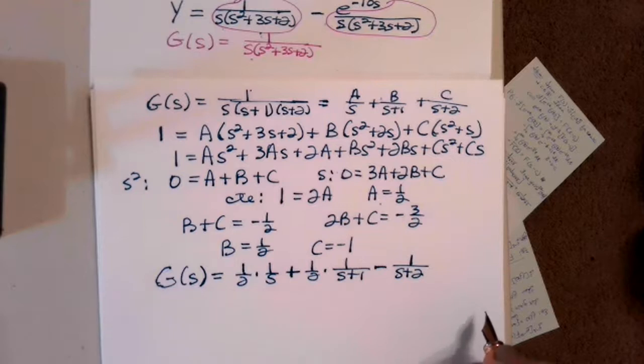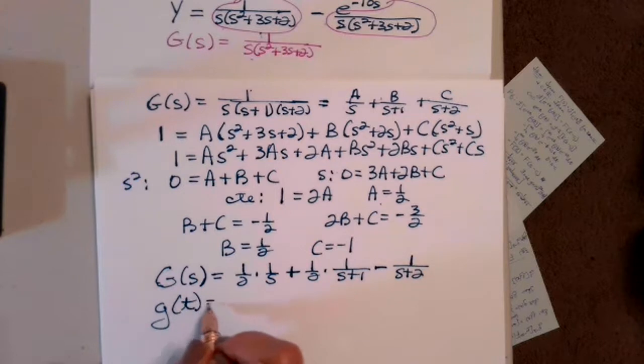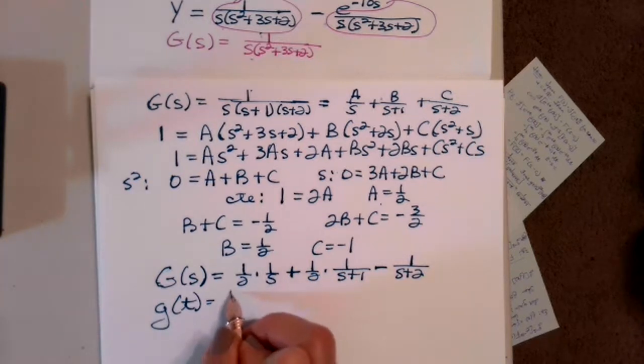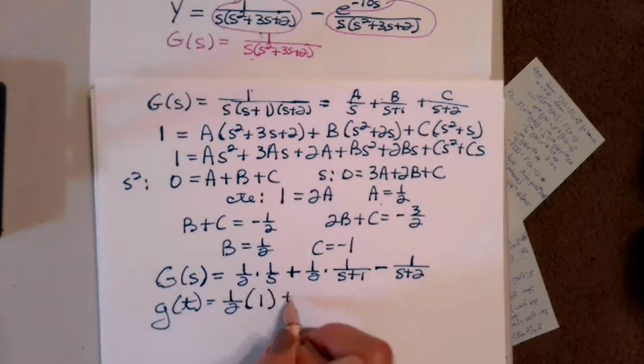Okay. And so the inverse Laplace transform of this function is, let me get back to my chart. When you look up 1 over s on the left-hand side and look back to the right, you'll see that's 1. So the inverse Laplace transform of 1 over s is 1.